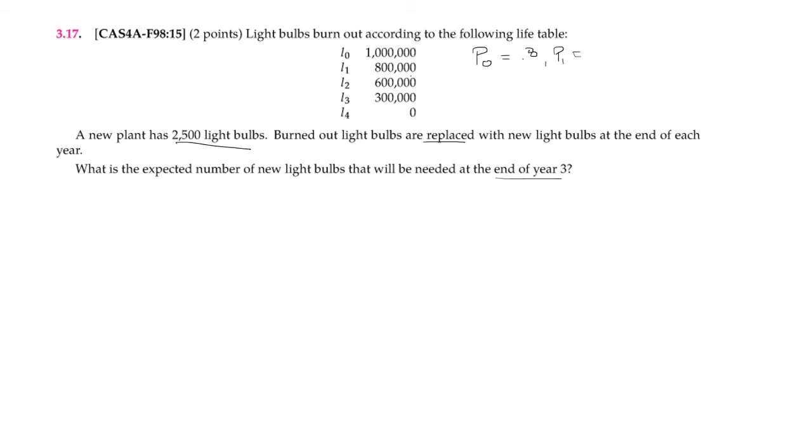Now at time 1, there's 800,000 left, and then at time 2, there's 600,000. So that's just 75% left over. So for each one of these, I'm just dividing like this.